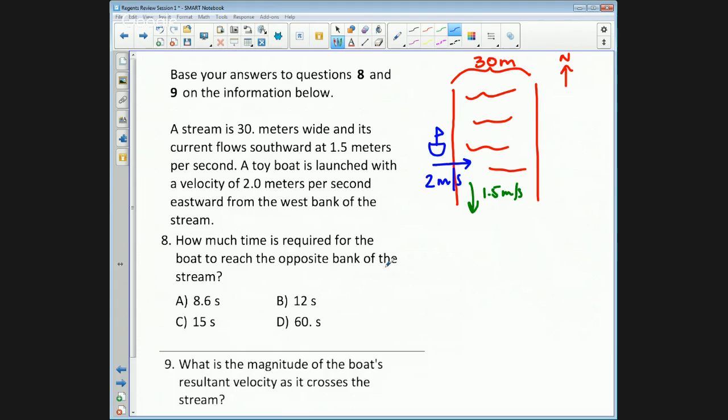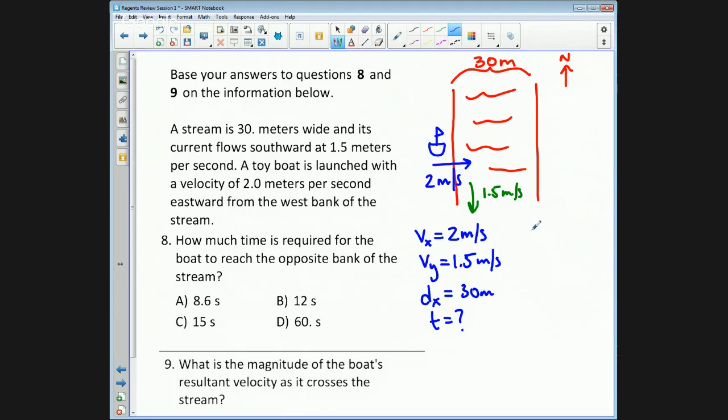So if we list out these variables, we're given basically a Vx speed of 2 meters per second, and a Vy speed of 1.5 meters per second. We're given a distance in the x direction, which is 30 meters, and we need to solve for the time.